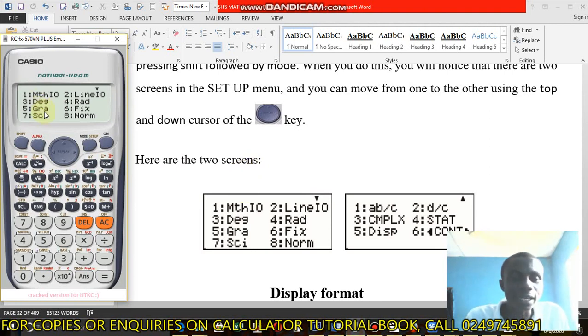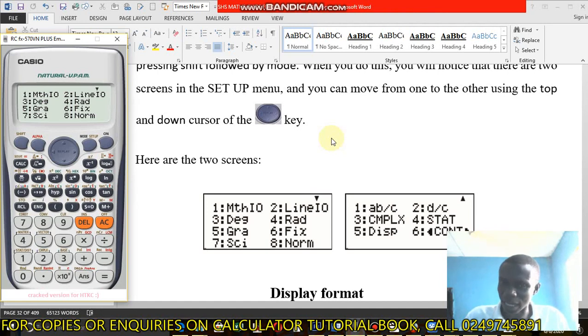Good. Number 3 is degree. Number 4 is radian. Number 5 is gradient. Number 6 is fixed. When we say fixed, from this tutorial we will be going to real numbers. Real number is a very broad topic in which we can manipulate our calculator to solve a lot of questions.